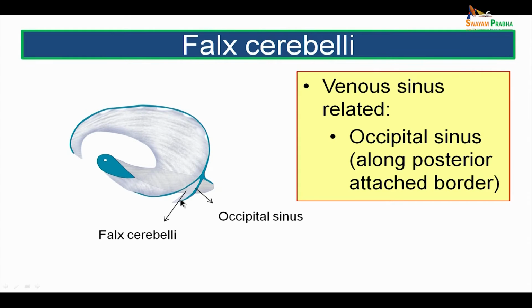The posterior border of the falx cerebelli is attached to the internal occipital crest, while the anterior border is free. The falx cerebelli has only one venous sinus related to it, and that is seen along the posterior border of the falx cerebelli, and that one is the occipital sinus.